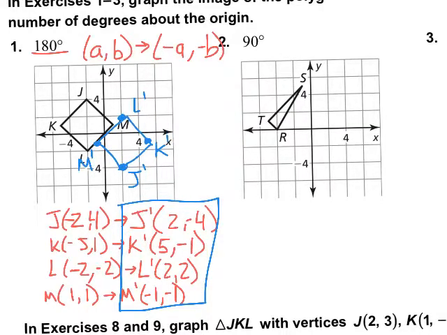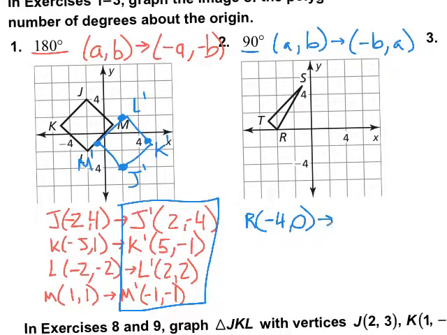Okay, so I look at the rule for 90 degrees. The rule for 90 degrees is I take A comma B and I flip it to negative B comma A. Okay, so the ordered pairs R, S, and T. So R is negative 4, 0. So R prime is going to be 0 because that sign doesn't change, comma negative 4.